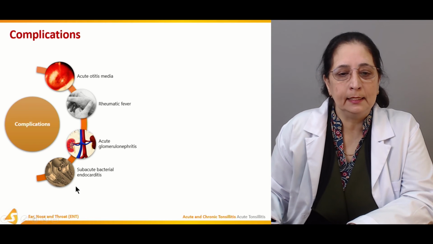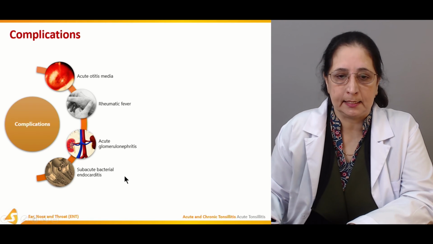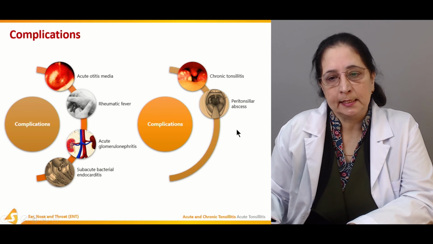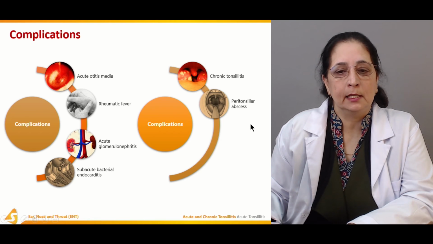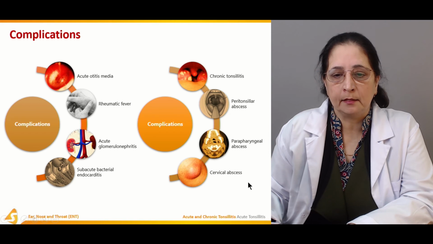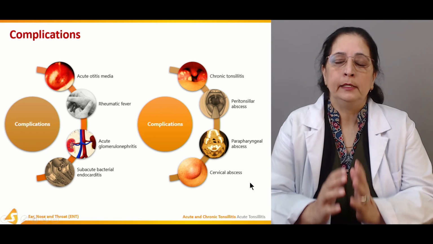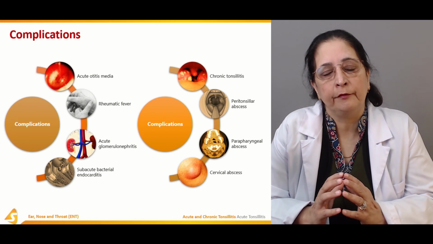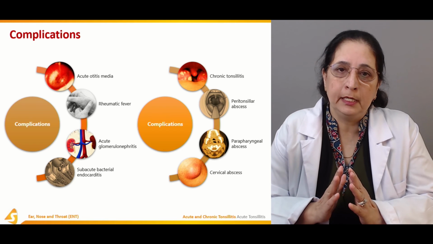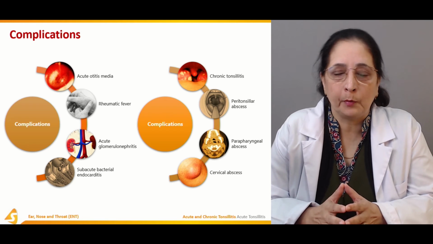Subacute bacterial endocarditis. Chronic tonsillitis can occur, peritonsillar abscess, parapharyngeal abscess, and cervical abscess. All these are the complications of acute tonsillitis. They can occur if the tonsillitis is not properly treated.